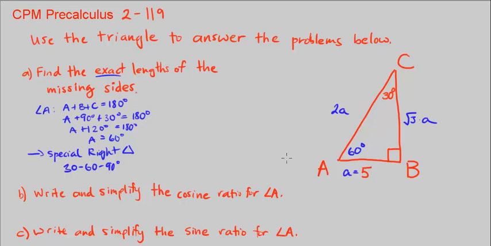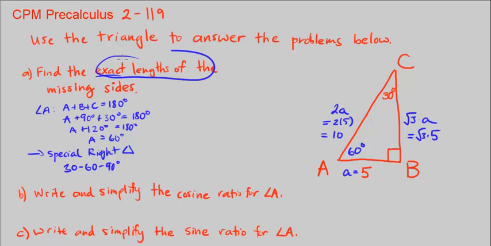Alright? So this makes it really easy because a is already given, right? We have a is equal to 5. So 2a is just 2 times 5, which is 10. Square root of 3 times a is just square root of 3 times 5. And we want to keep our numbers exact, so this is where we stop.